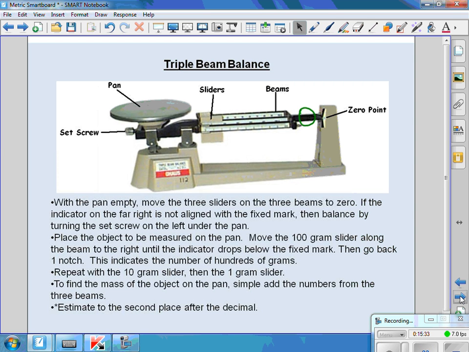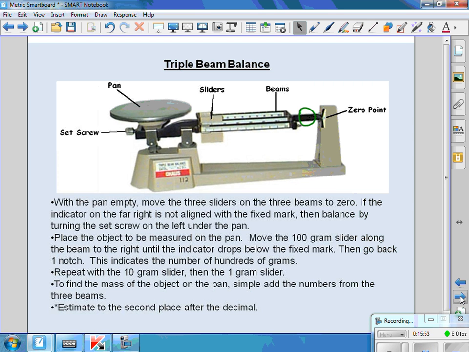You need to move it back to the 0. If that part that I circled in green only moves down a little bit, then maybe you need to try moving the slider to the 200. And you'll keep doing that until you figure out how many of the hundreds you have.